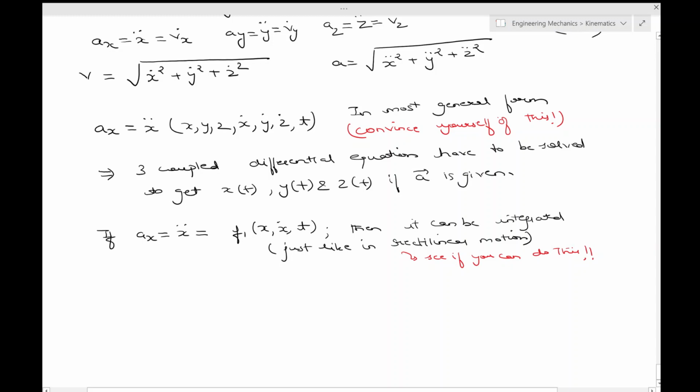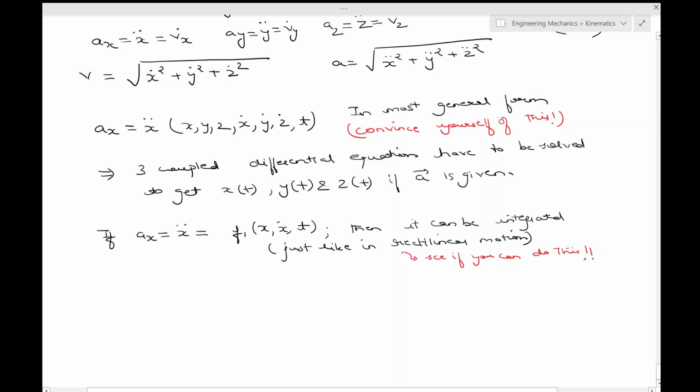Okay, so if this material point, one point in this large rigid body which we have, has a planar motion, meaning it's in so-called 2D, then perhaps you can skip the z coordinate or skip the coordinate in which the movement is not there. Okay, you can align the system like that.